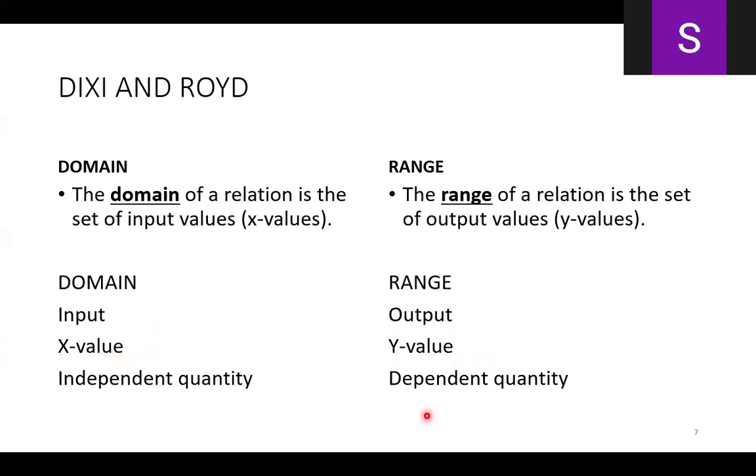And then your dependent quantity is what it represents. So if I'm comparing, I don't know, ages to shoe sizes, the ages is my independent quantity and the shoe size is my dependent quantity. That's when you are giving them a name. You're not just saying domain and range, you're saying what your domain and range represent. So which one you use depends.